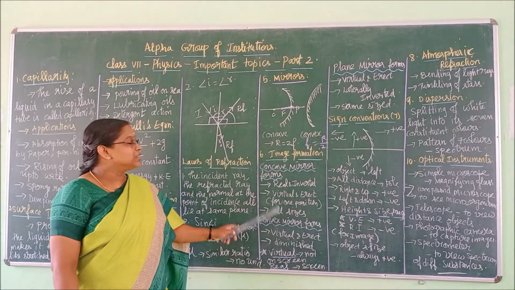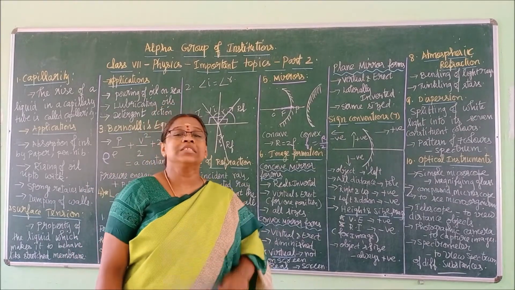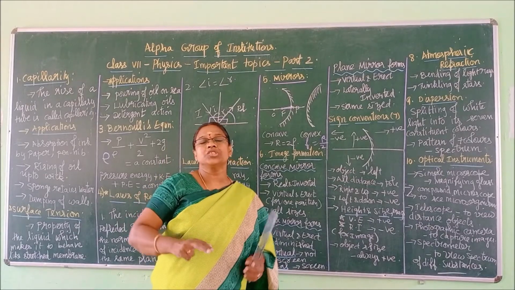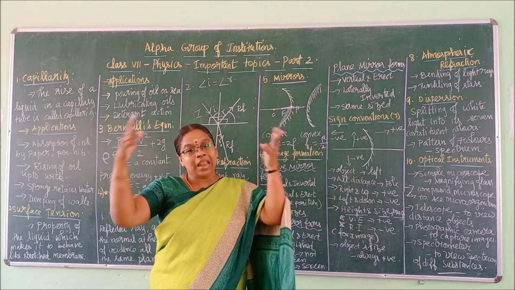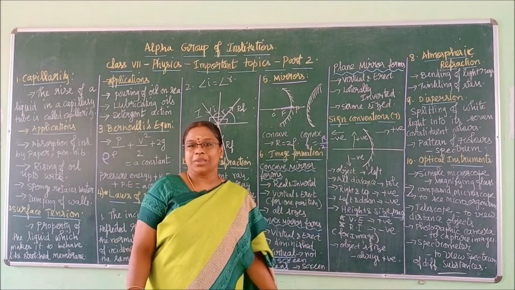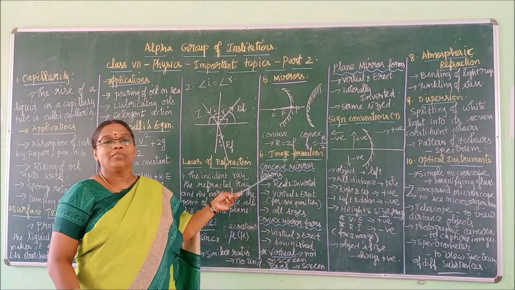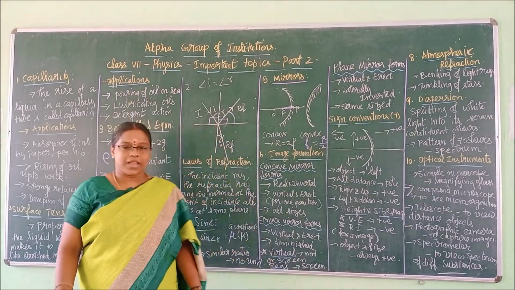Next one. And what about the sizes of the image? It will form all sizes of the image. It will start from a highly diminished image, then a diminished image, same size image, enlarged image and highly enlarged image. So the size of the image formed by a concave mirror varies from very small to bigger size.